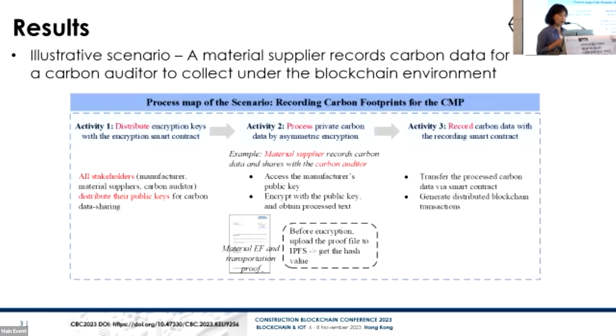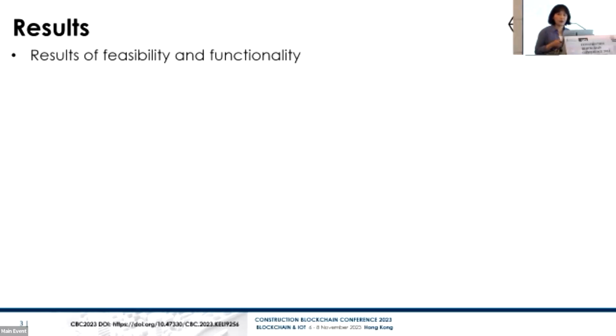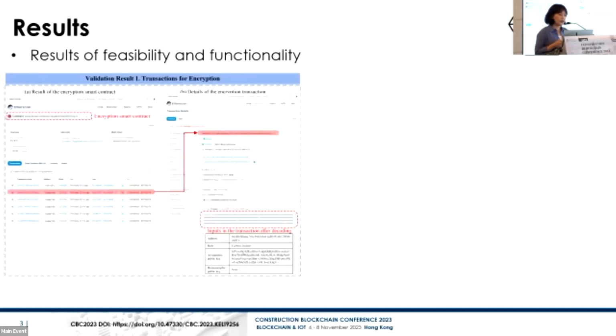Here is the basic process map of this scenario, which is about how to record the carbon footprints for the construction material and the product. And here I will briefly show some results to show its feasibility and functionality. Here we can see Etherscan, the engine to search blockchain transactions.